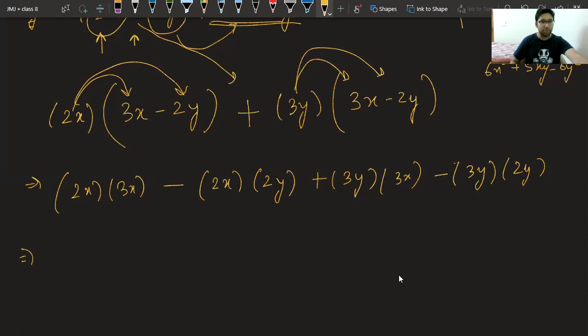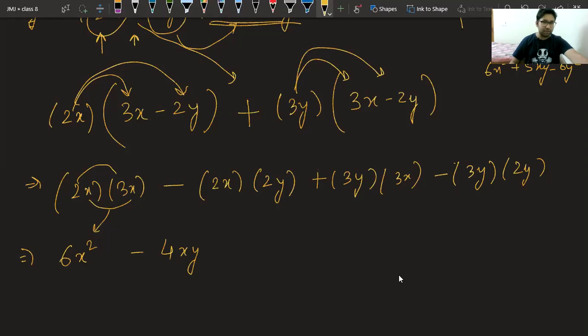Now 2 3s are 6x square minus 4xy. Gursharan is saying 6x minus 2y plus 3yx minus 6y square. Gursharan, some mistake is there, beta, please check. Obviously 2 3s are 6 will come, x into x will give you x square.